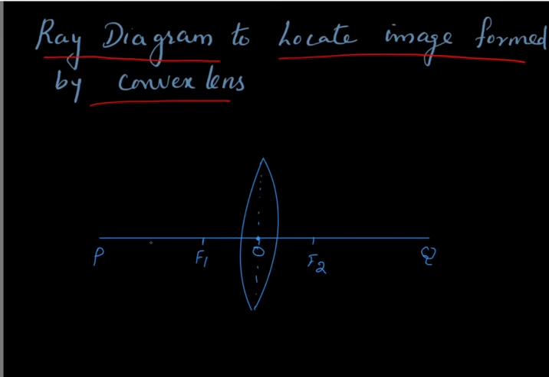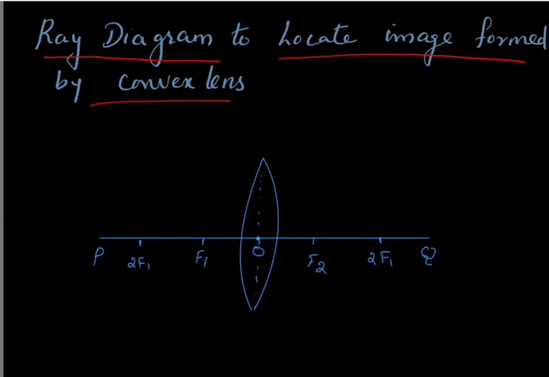After marking the focal points, you take double the focal length: take the distance OF1, double it and mark 2F1. In a similar way, on the other side you mark 2F2, that is double the focal length.